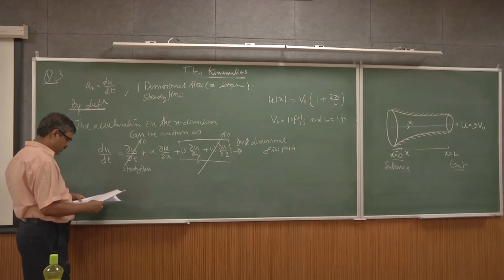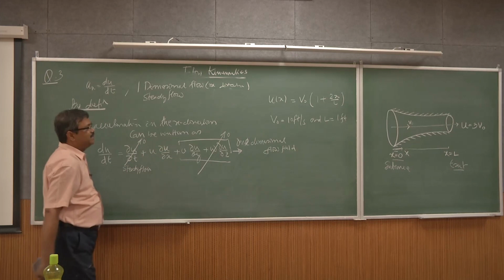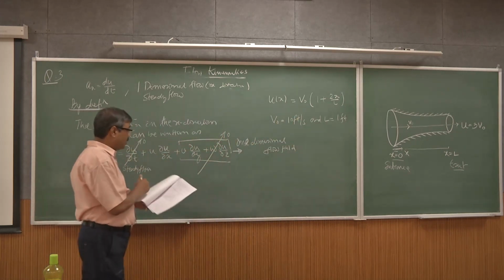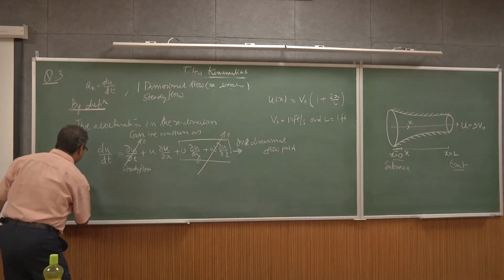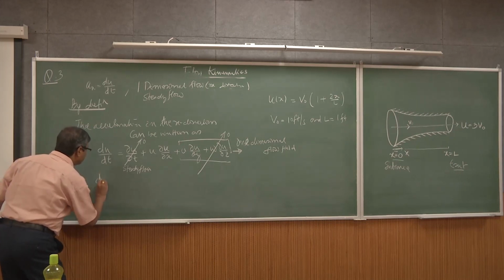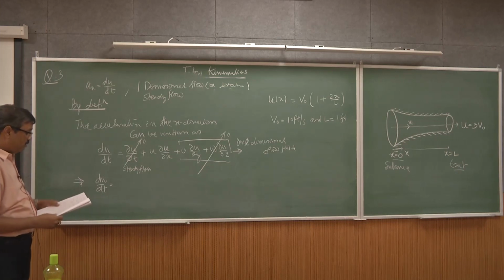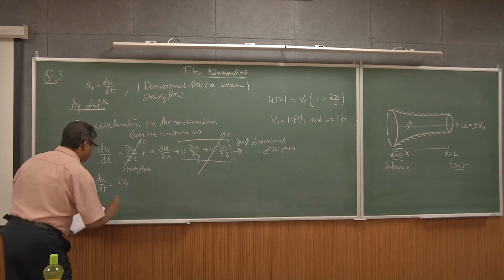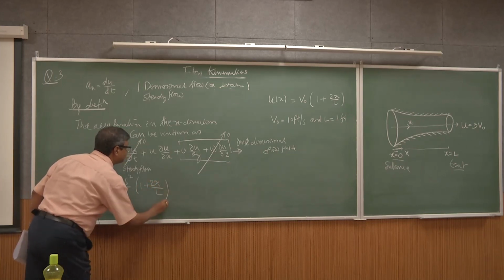If you substitute this value and take the partial derivative of u with respect to x, we will get du/dt as 2 v naught square by L times (1 plus 2x by L).